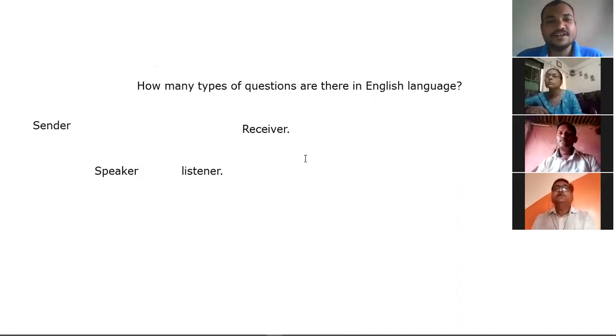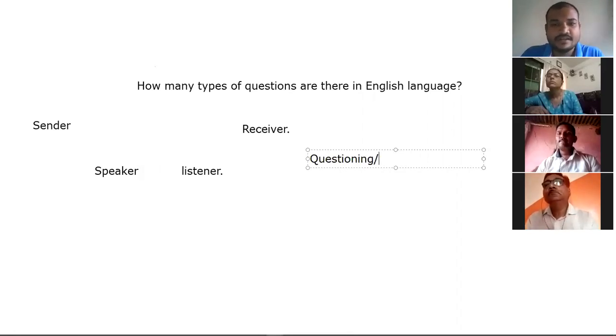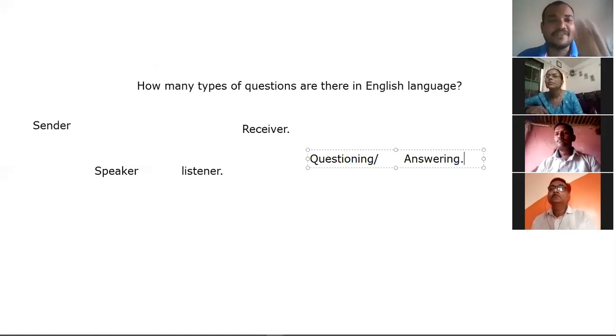If you observe the language, I'm questioning you. So what are you doing? I'm questioning, you're answering. If you have any doubt, you ask the question, I'm going to answer.